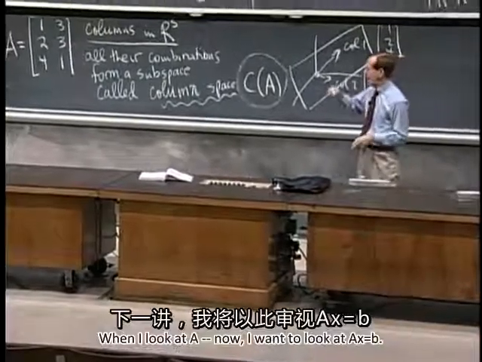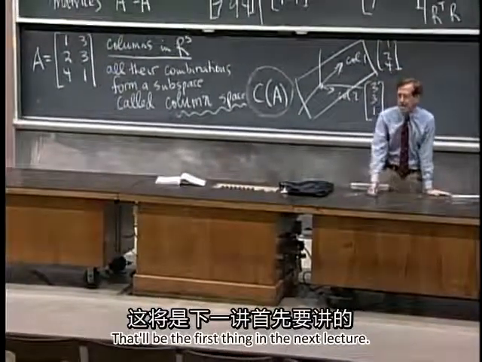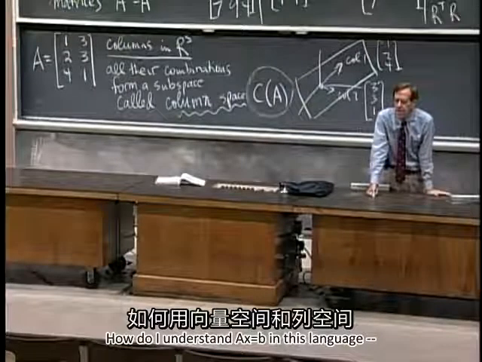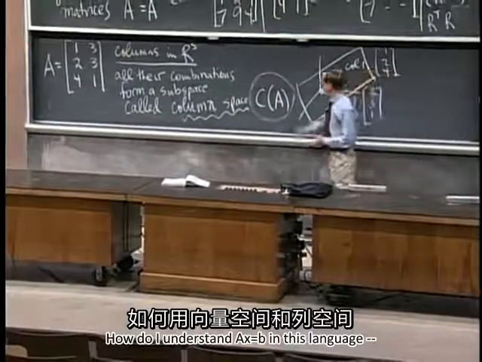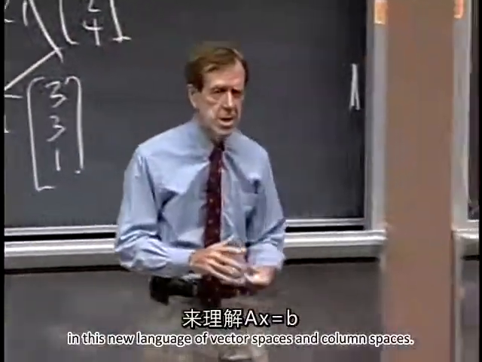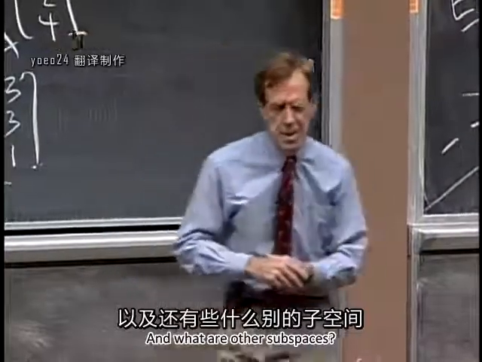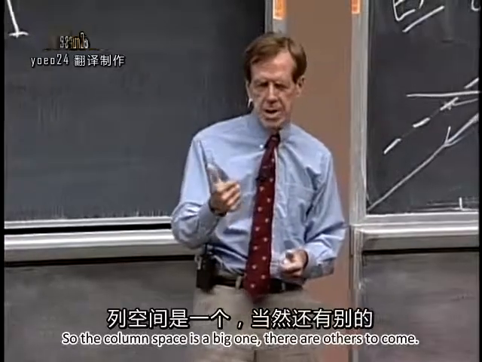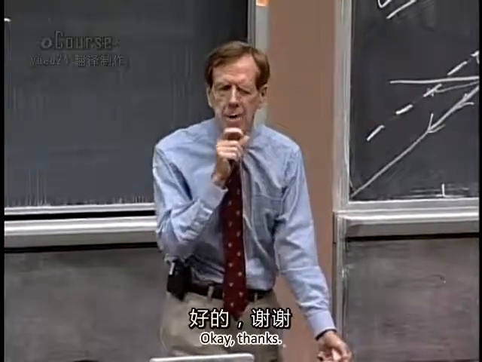When I look at A, now I want to look at Ax equal b. That'll be the first thing in the next lecture. How do I understand Ax equal b in this new language of vector spaces and column spaces? And what are other subspaces? So the column space is a big one. There are others to come. Okay, thanks.